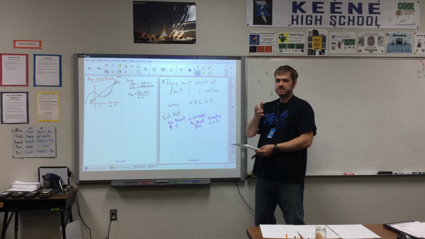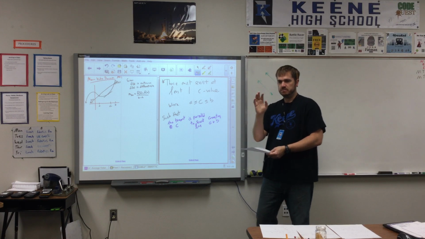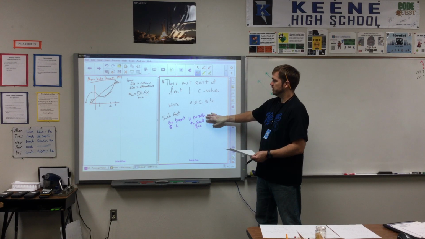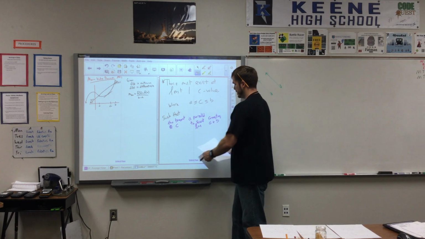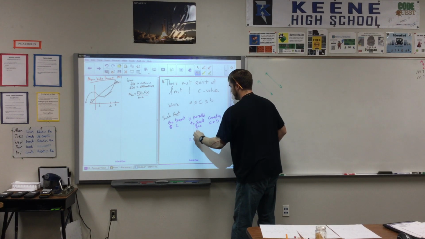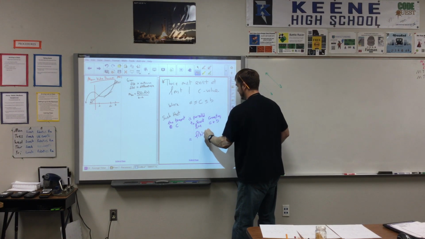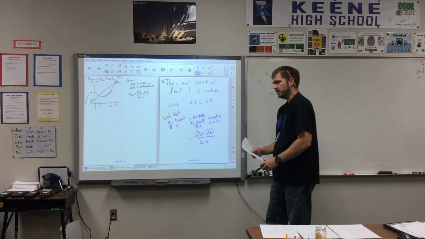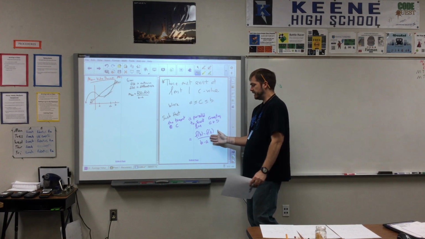Now, what Ivan said is that means that the slopes are equal, right? So we have the slope of the secant line. So that's f of b minus f of a over b minus a. That's the calculus or mathematical notation for the slope of the secant line.